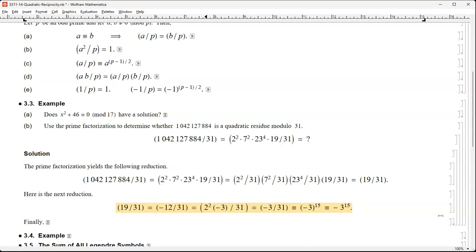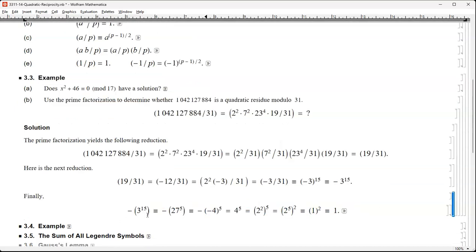Okay, instead of calculating 3 to the 15th power, let's do this. 27 to the 5th power, yeah, 3 to the 3rd power is 27, and 27 is 31 minus 4. So what do you get? Negative and another negative, 4 to the 5th power, and then 2 squared to the 5th power, 2 to the 5th power to the 2nd power, bingo. 2 to the 5th power is 32.